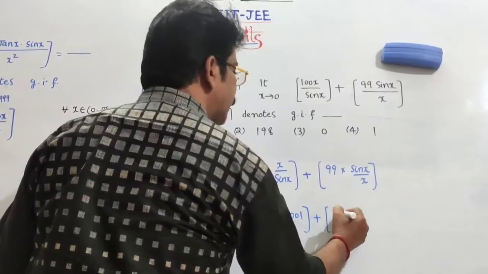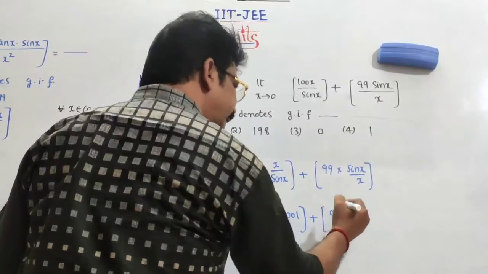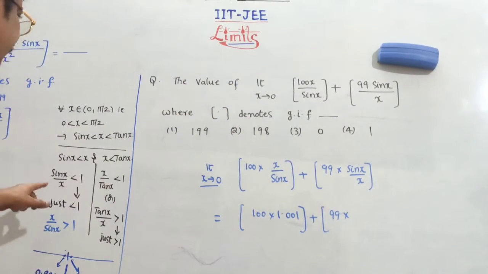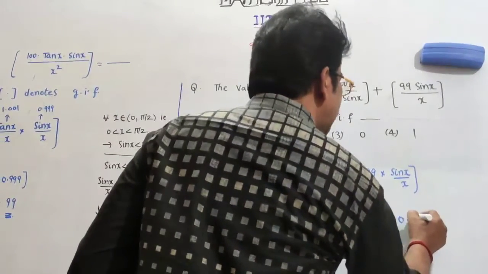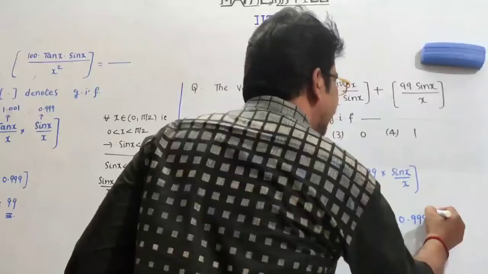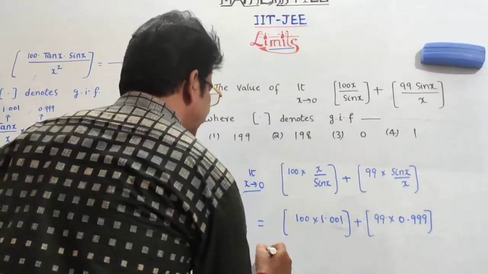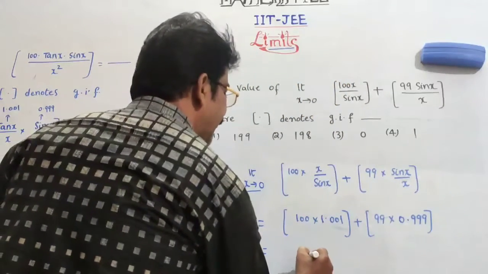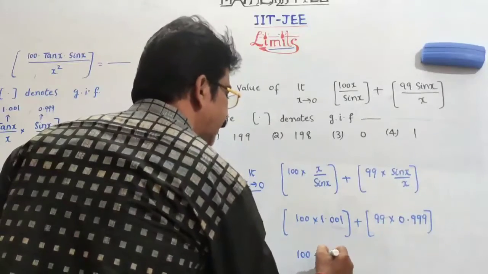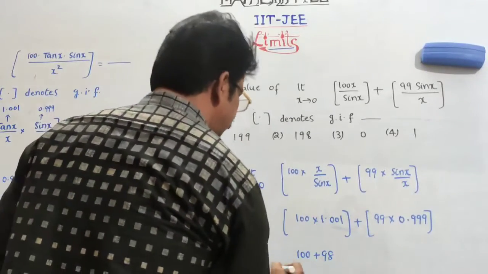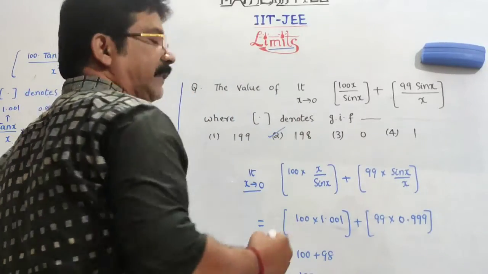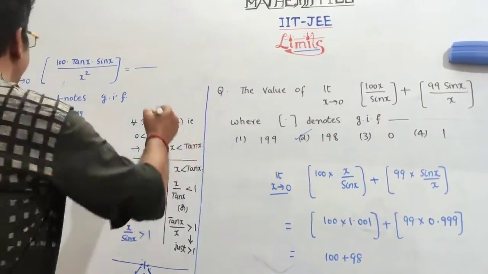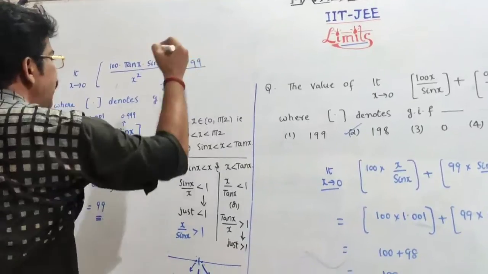Plus box of 99 into sin x by x, just less than 1, 0.999, like that. So therefore it will be 100 plus 98. So that is equal to a total of 198. Hence the second option is right. Here its value is 99.